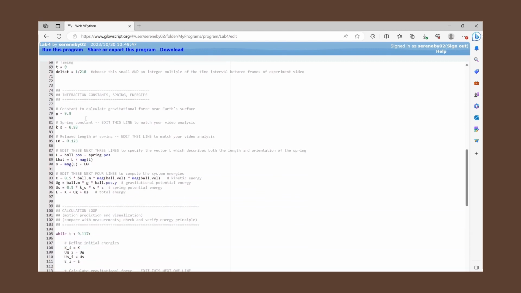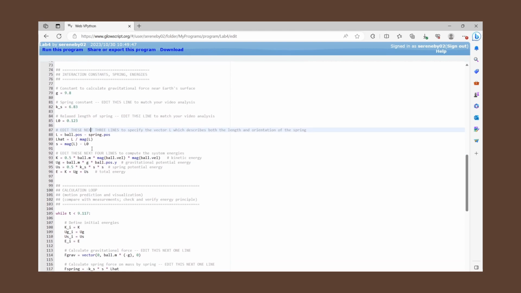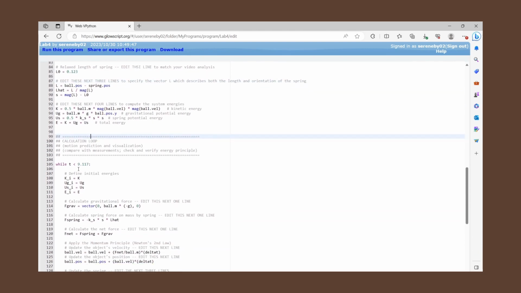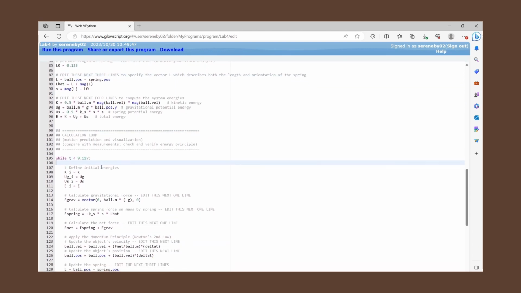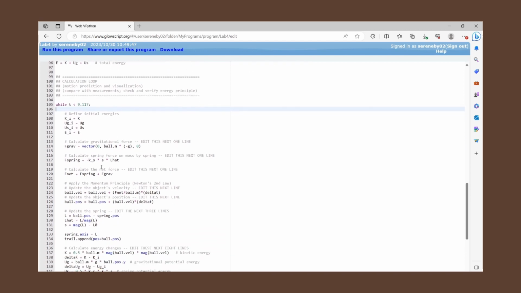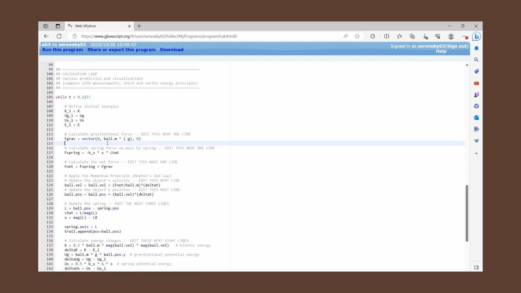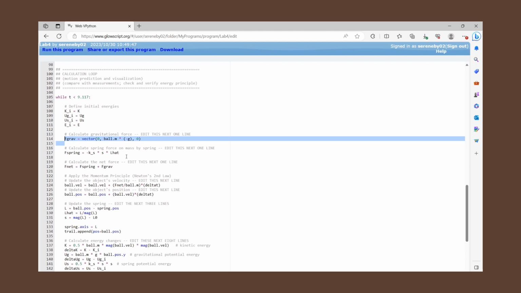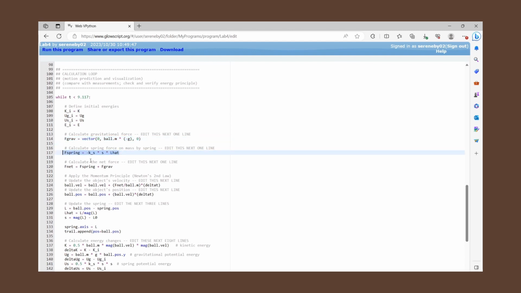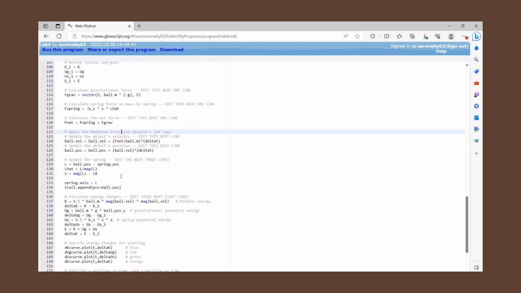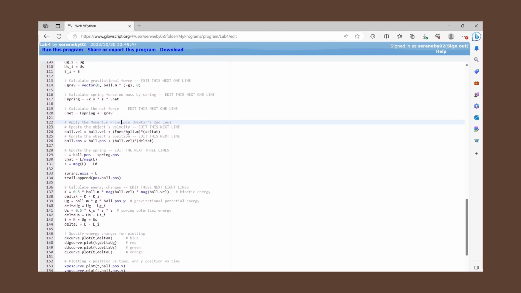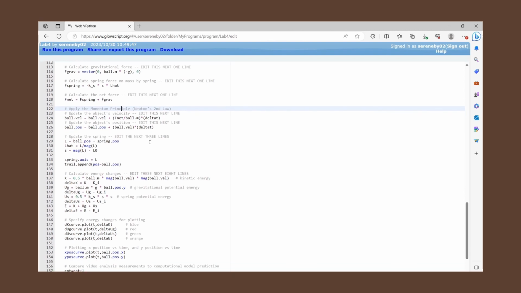And I've changed the spring constant, the relaxed length of the spring, and I've changed the time frame, and I've inputted the equation for the gravitational force, the spring force, and the net force. And then I've plugged in the velocity update equation and the position update equation.